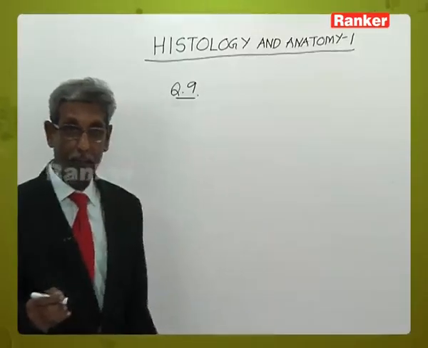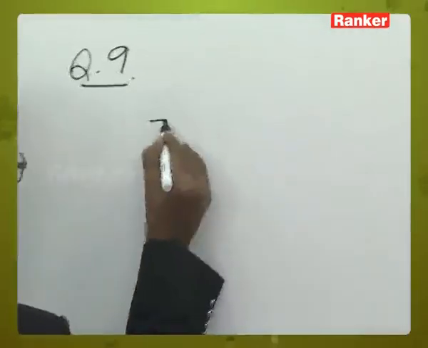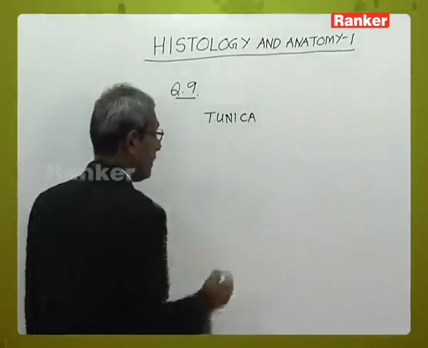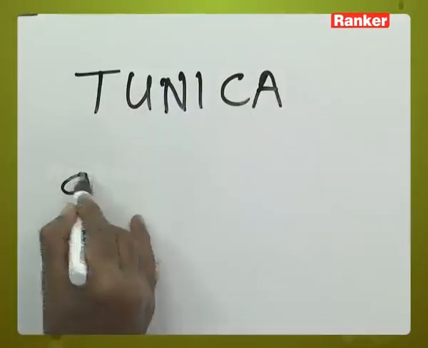Question number 9. Tunica is A. a mass meristem, B. mantle of meristem, C. internal mass of meristem, D. central mass of meristem. When you take tunica, the term tunica refers to the outermost skin.